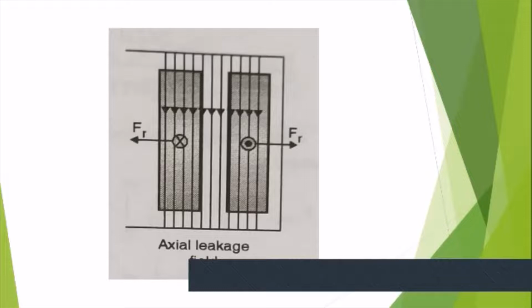The current carrying winding produces radial forces whose direction can be found out from Fleming's left hand rule. The radial forces try to burst the outer winding, which is a tensile force, and try to crush the inner winding, which is a compressive force.